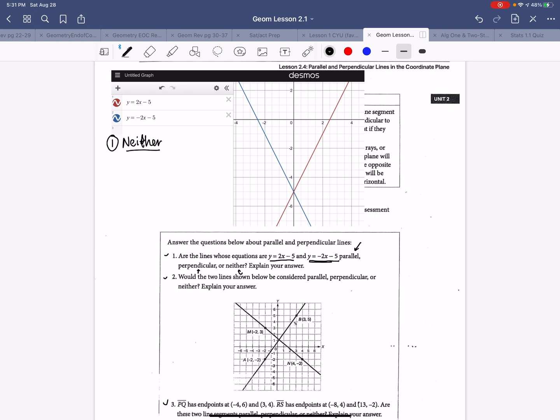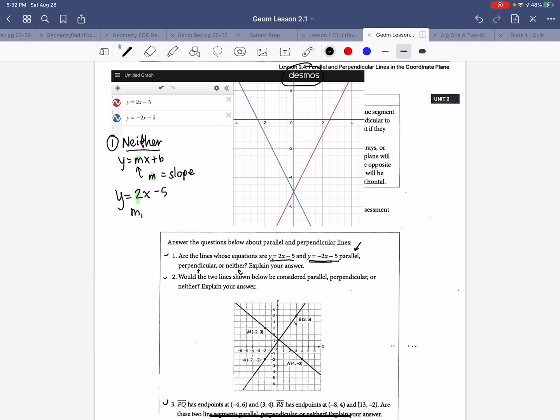Okay, so now how would we know that though? Because you might not think to use Desmos, or what if Desmos isn't available on a test? So we know this, y is equal to mx plus b. We knew that from last year, and m is the slope, right? So if we look at the first equation, y is equal to 2x minus 5, we recognize that the slope of our first line is 2.